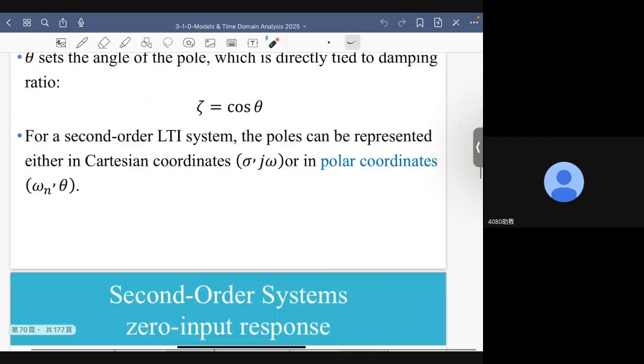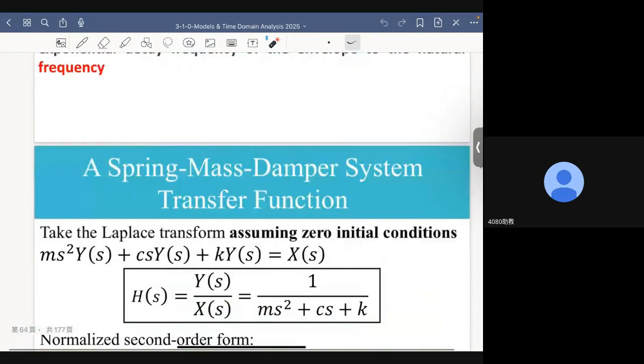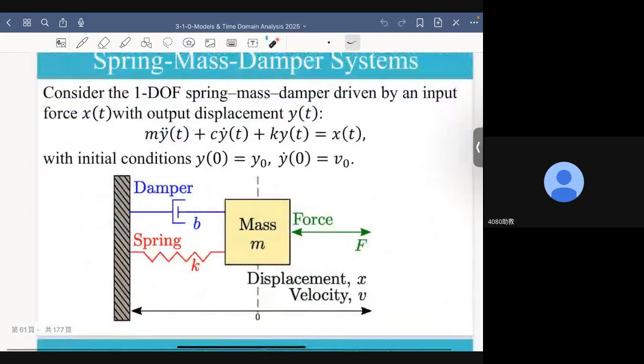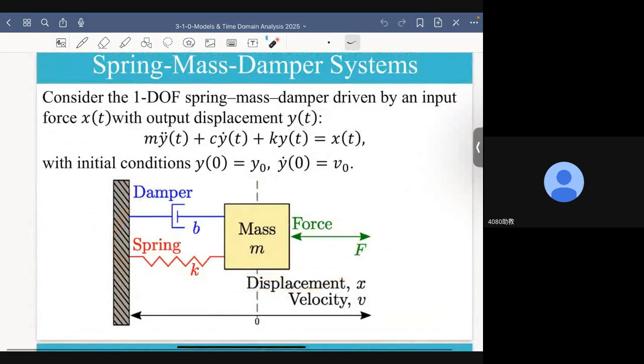It is easy to see, because what we have here is a spring mass damper system. Without a damper, it is easier for this mass to move around at high speed. But once you introduce a damper into the system, you introduce additional resistance force.